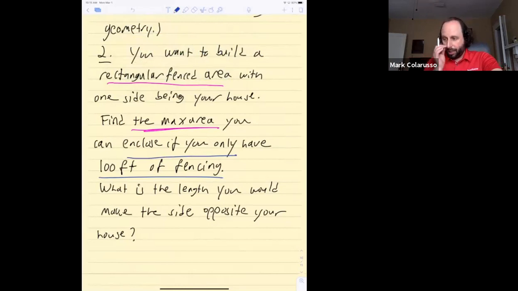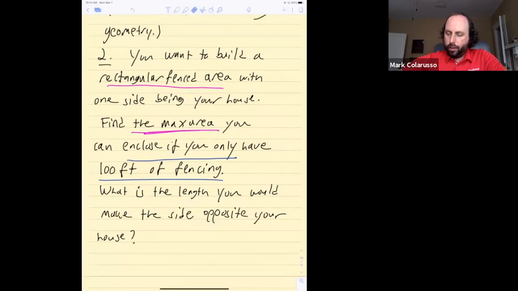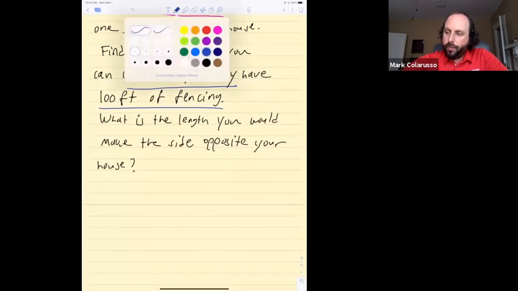And then it's asking us, for the maximum area, what is the length of the fence opposite the side of the house? But we'll answer that at the end.